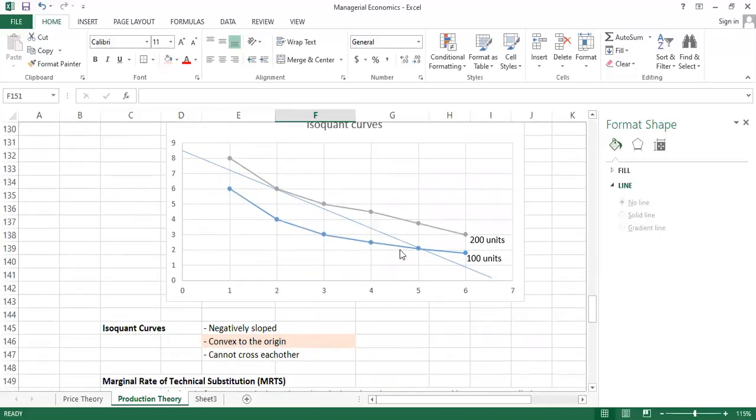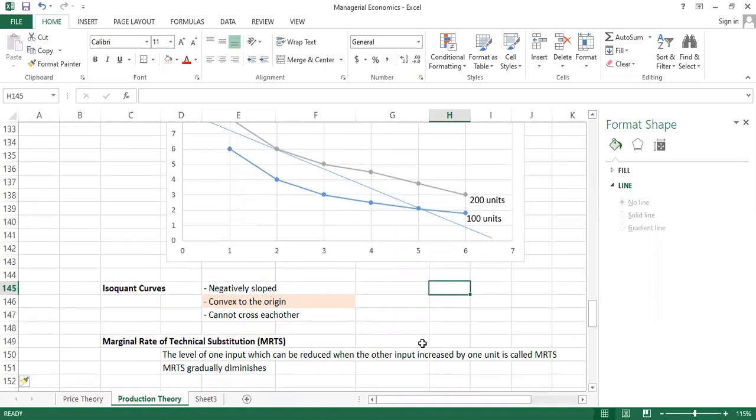Sorry for disturbing. To arrive at the optimal combination of inputs, like increasing labor and reducing capital, it is not only because of cost but also the productivity of labor.